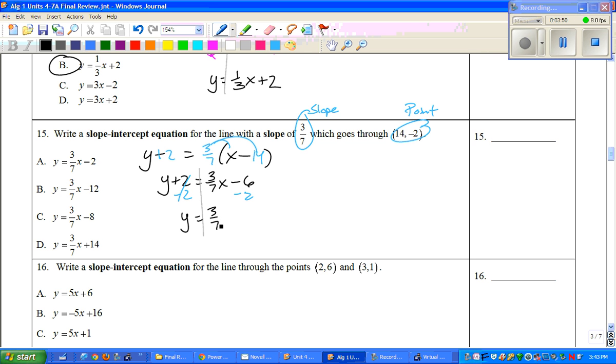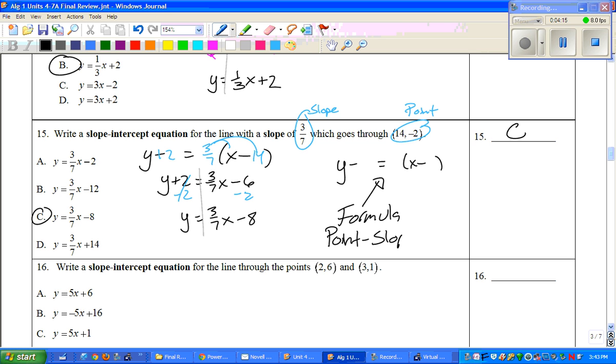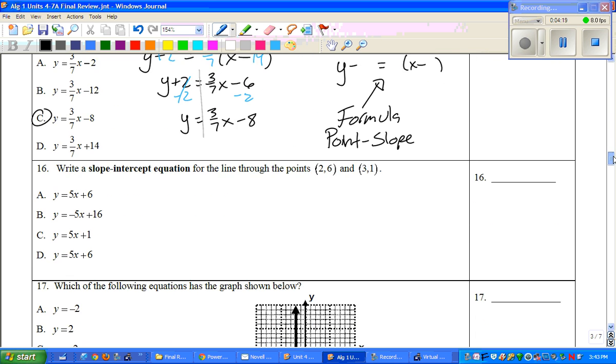Y equals 3 over 7x minus 8, which is C. Now, make sure you know that formula. It's called point-slope. You will need to use that on the final.